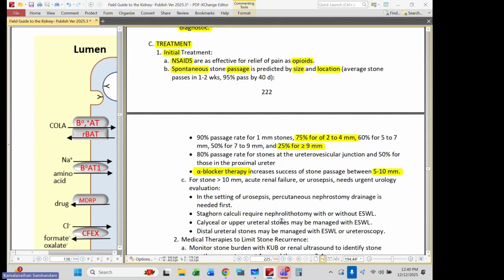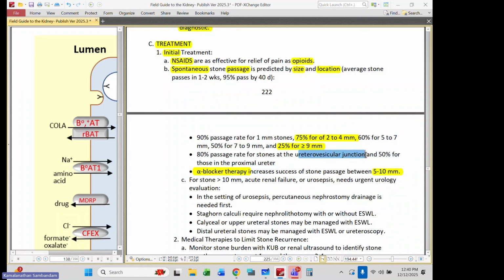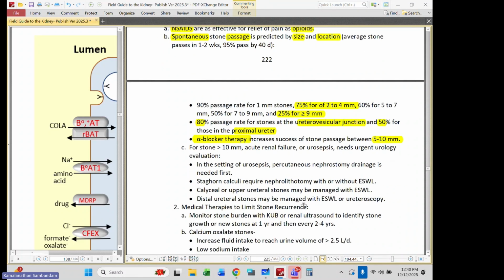And if you have stones that are close to the bladder, the ureterovesicular junction, those are more likely to pass. It's less likely to pass if it's in the proximal ureters. So that's what the urologist is using to make a decision. Sometimes you're going to be at the front line starting the tamsulosin, so it probably makes sense for you to be armed with this knowledge as well, even though you're not a urologist.